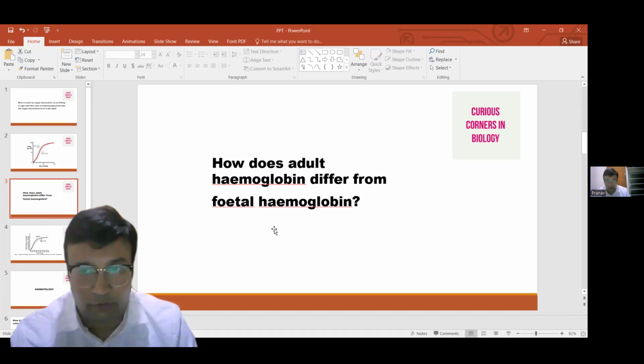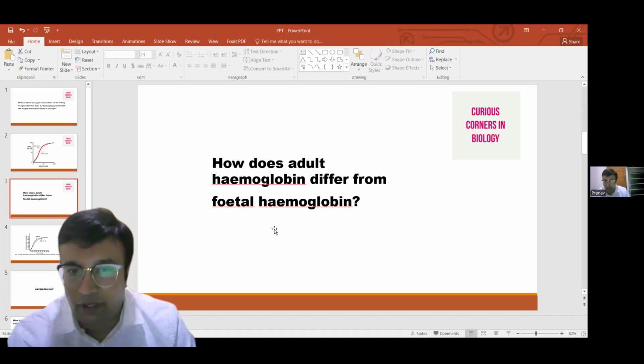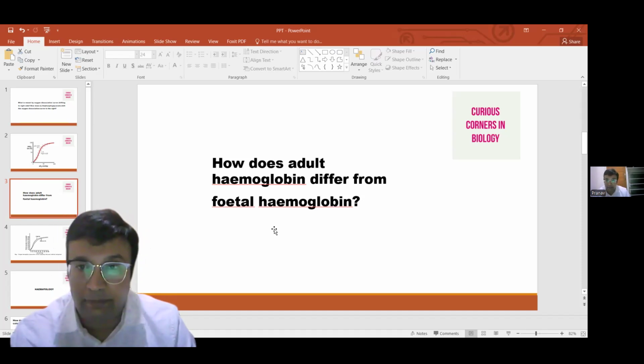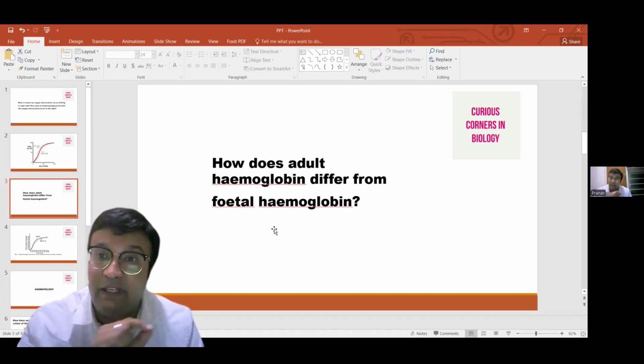Okay. So first of all, the structure of adult hemoglobin is slightly different from fetal hemoglobin, but mainly fetal hemoglobin has more affinity for oxygen because it binds 2,3-bisphosphoglycerate with less affinity.